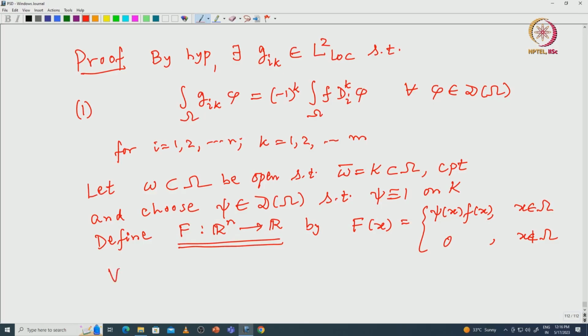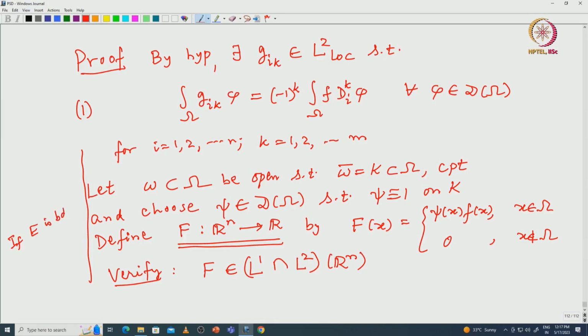So, verify, this F is actually in L1 intersection L2 of R^n. For a bounded set, I have said it earlier, if E is bounded, then L2(E) is in L1(E). That is boundedness.